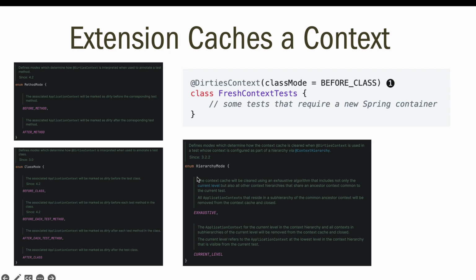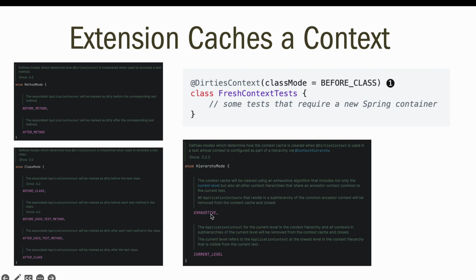Then we have the hierarchy mode. It defines modes which determine how the context cache is cleared when a dirty context is used in a test whose context is configured as part of a hierarchy via @ContextHierarchy.